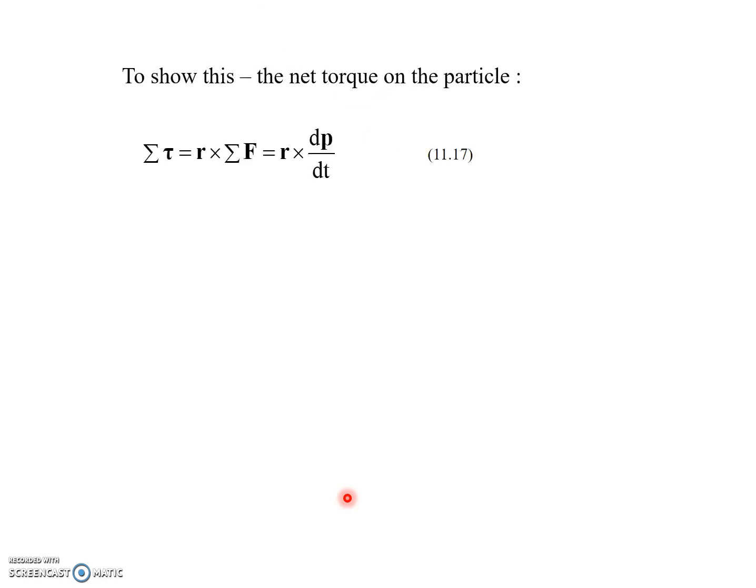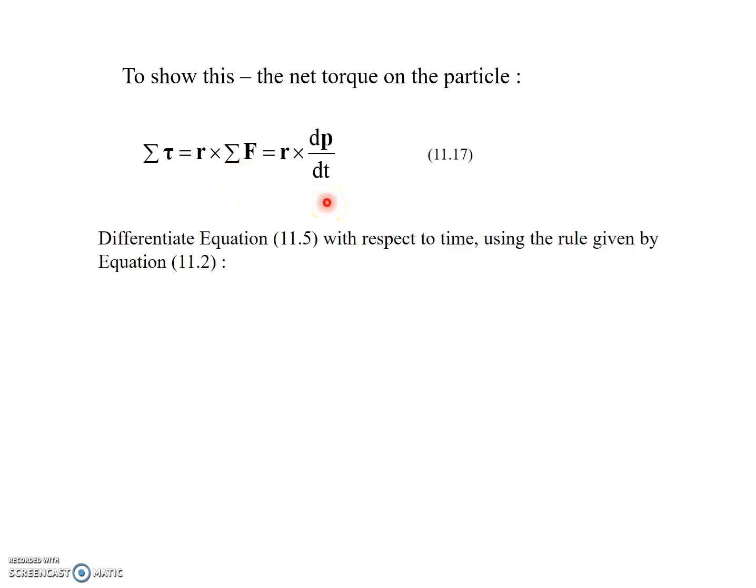To show this, the net torque on the particle is written as the cross product of r and F, where F is dp over dt, and we differentiate equation 11.5 with respect to time using the rule given by equation 11.2.